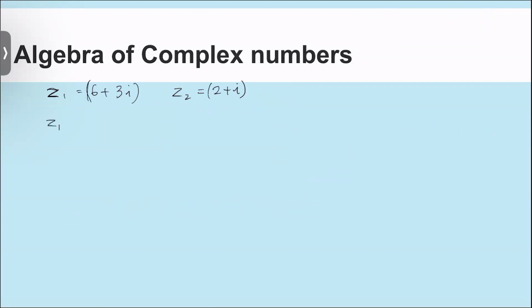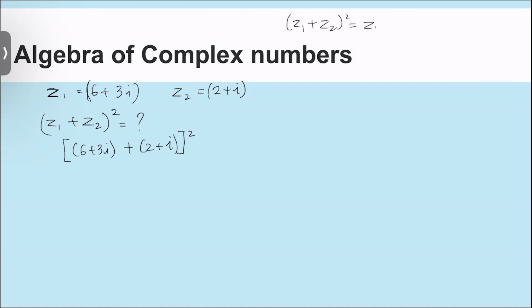If you have to solve for (z1 plus z2) the whole square, you can write this as (6 plus 3i plus 2 plus i) the whole square. Now we will try to solve it in the form of the identity. The identity that we are using here is z1 squared plus 2 z1 z2 plus z2 squared.